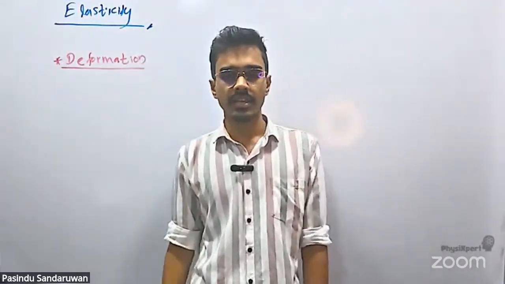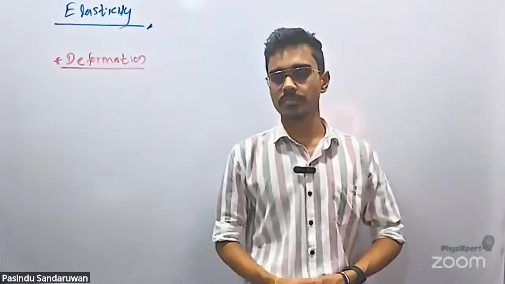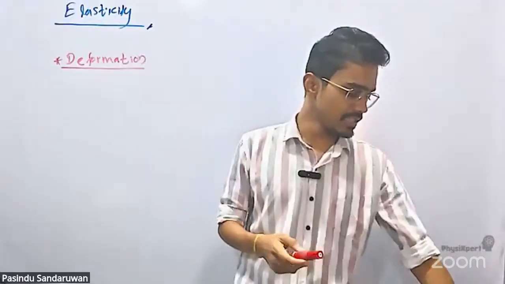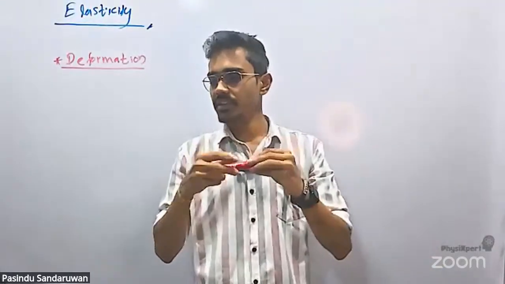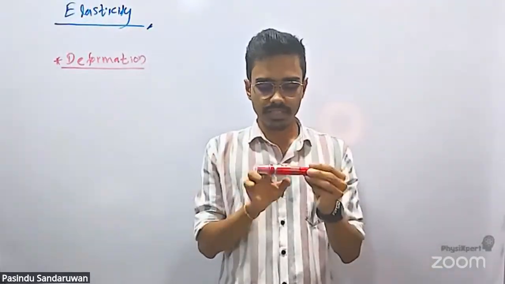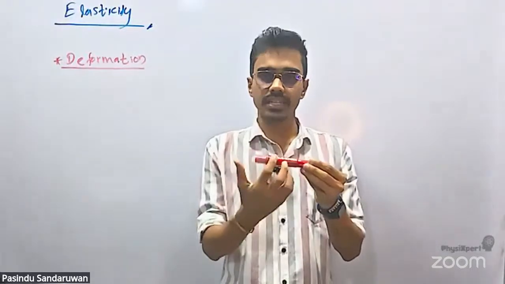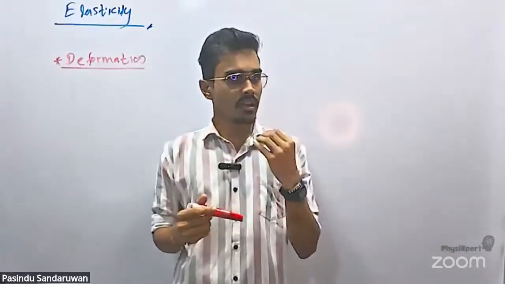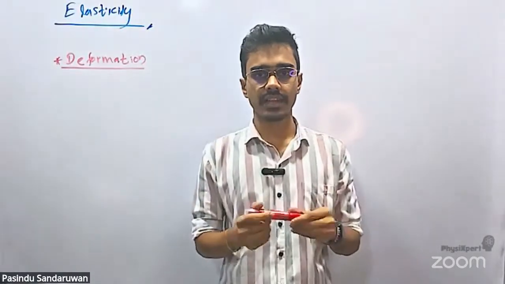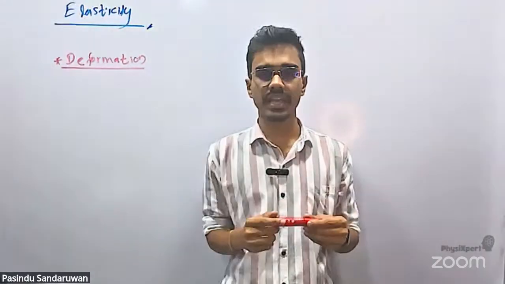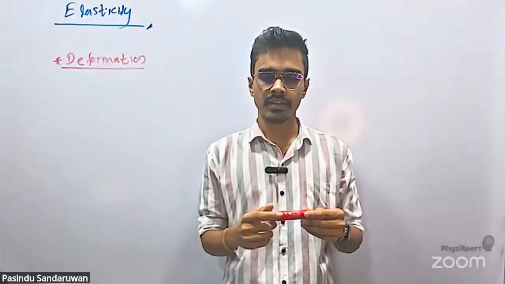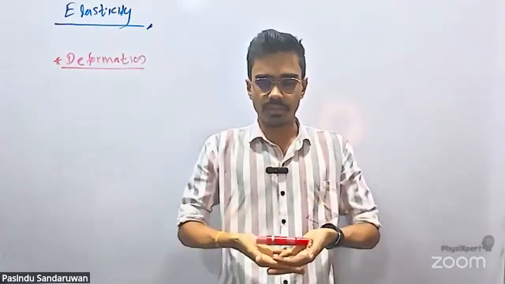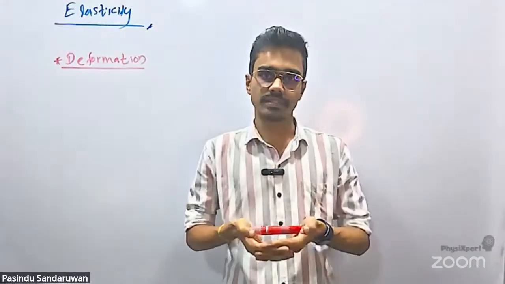Which means when we apply forces, as an example, consider this marker. When we apply forces, always from the molecular level, this gets deformed. In some cases that is very much visible to our eyes, but in some cases it is not. For a pen like this, even if I apply a force, it is not that visible how it deforms, but it deforms.